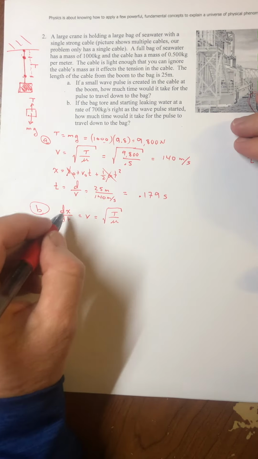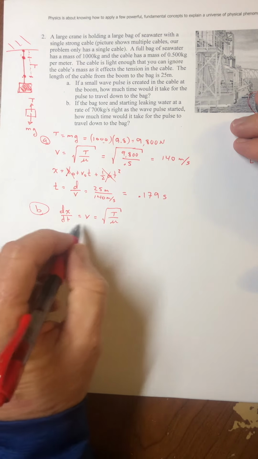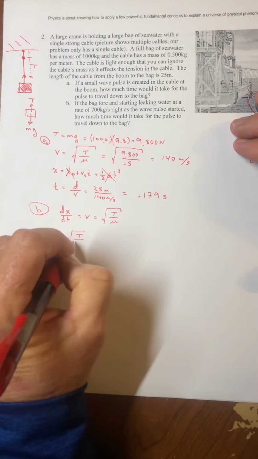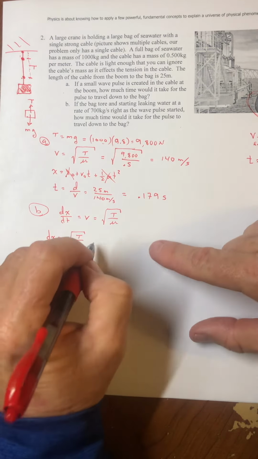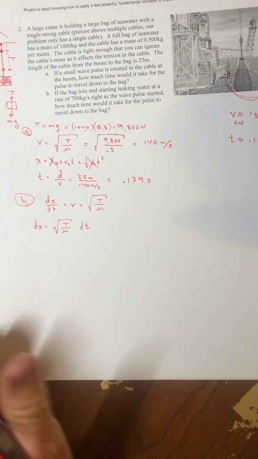That is, I could do something like this. I could take the dx, put the square root of the tension over mu, and then move the dt to the other side.